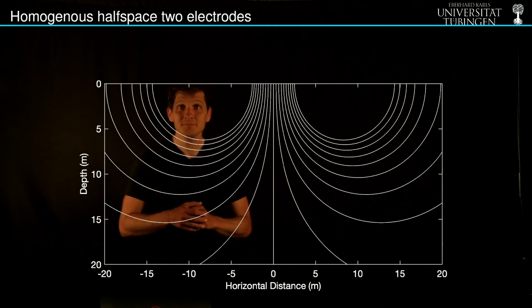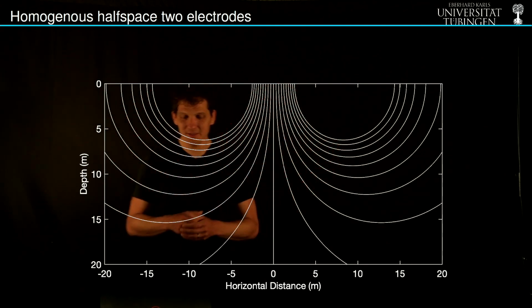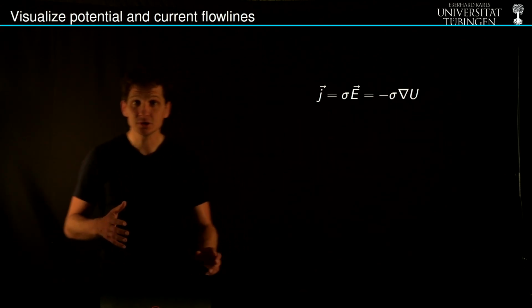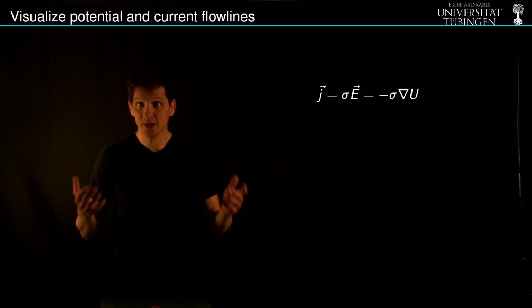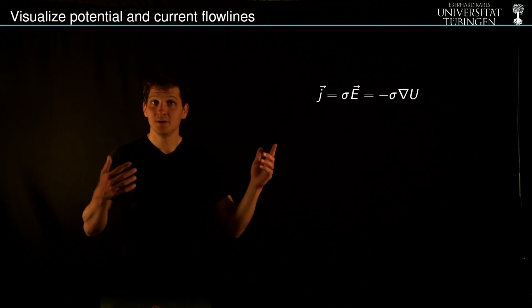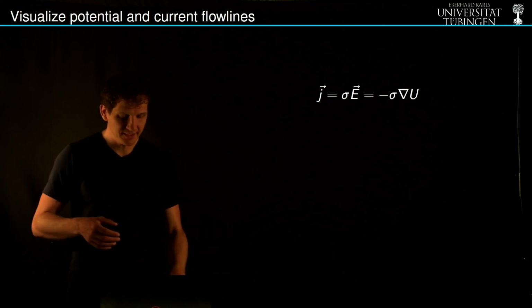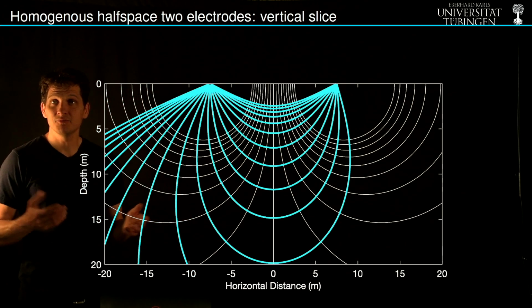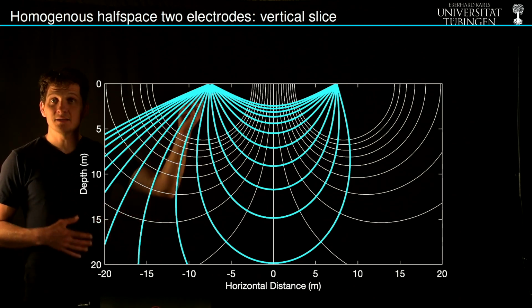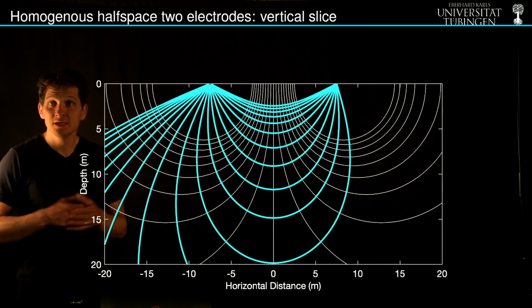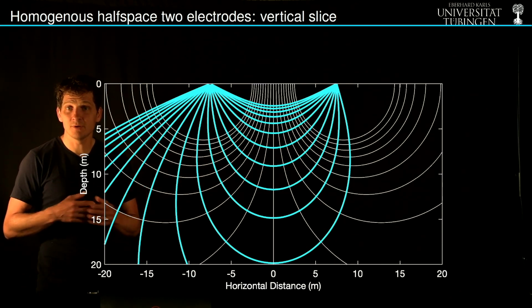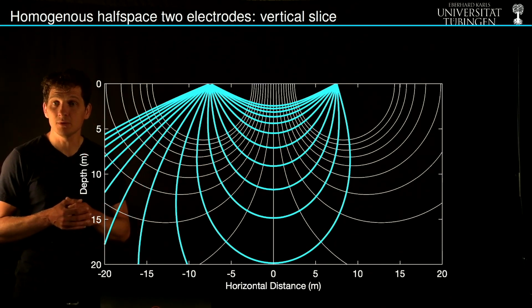Fine. Knowing all of this, we can continue with business as usual, using the vectorized version of Ohm's law to calculate the flow lines from the gradient of the potential lines, and this results in the somewhat unsurprising picture that the current flow lines follow a dipole pattern which we already are familiar with from the analysis of the magnetic dipole.